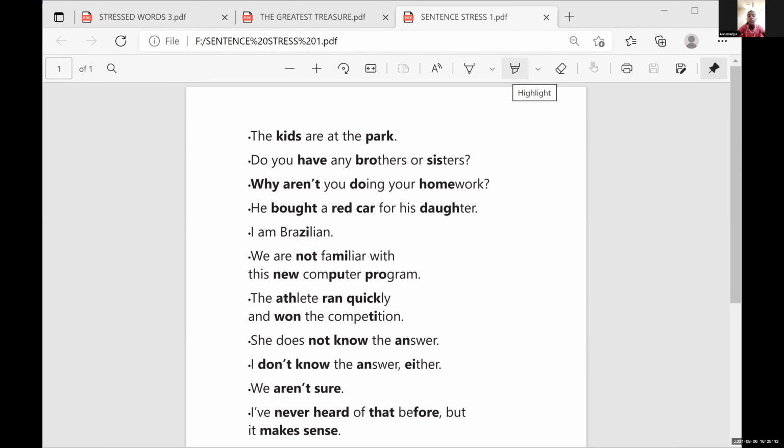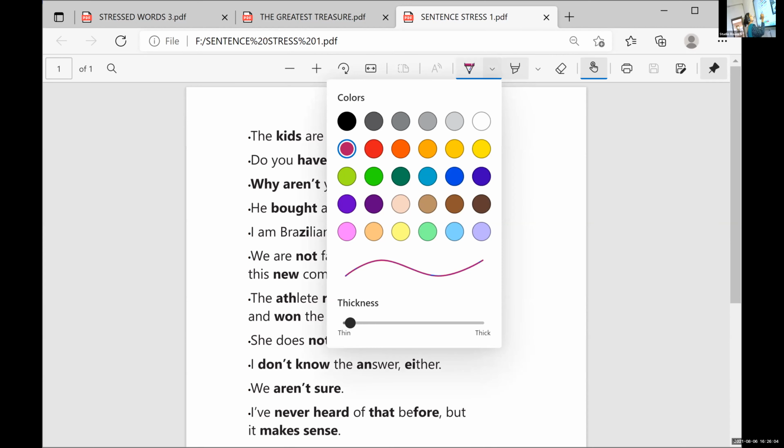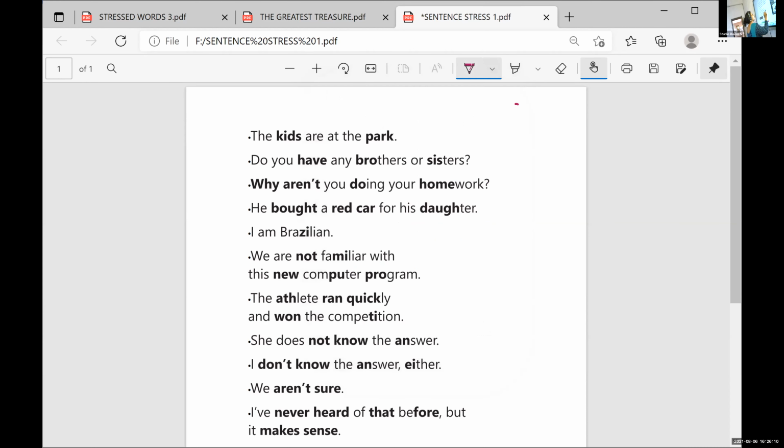Why aren't you doing your homework? Homework. Okay, why aren't you doing your homework? All the WH question words have to be stressed. And look here, children, when you see such a word, you have to pronounce it accordingly. Can you see the word that I'm writing on the board?